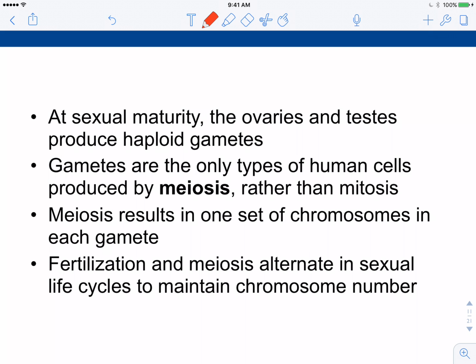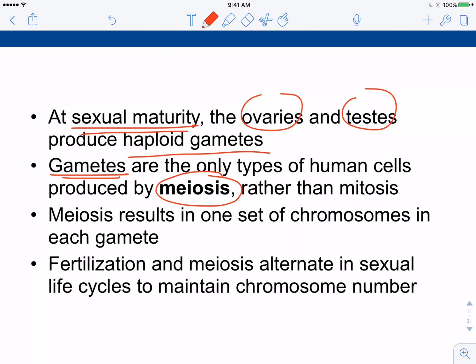Once an organism has reached sexual maturity, the gonads, the ovaries and the testes, will produce haploid gametes via meiosis. Gametes are the only cells produced via meiosis. Every other cell in the body, all the somatic cells, is produced via mitosis.